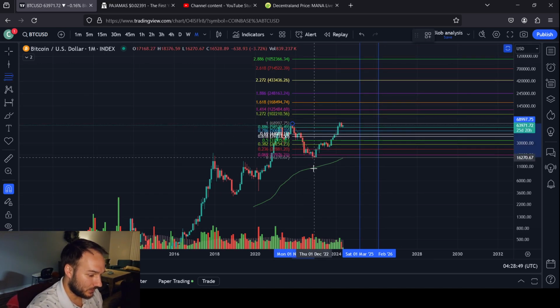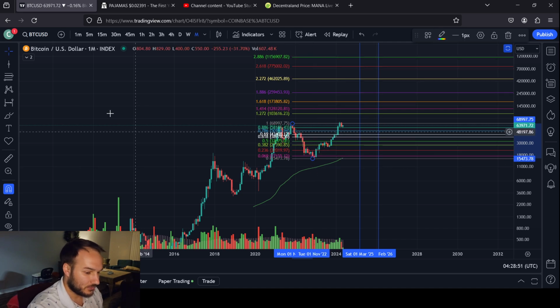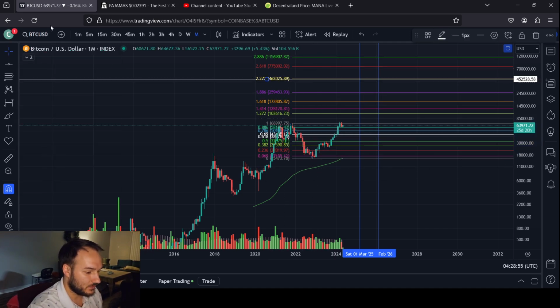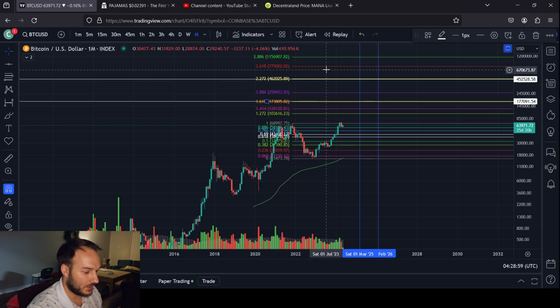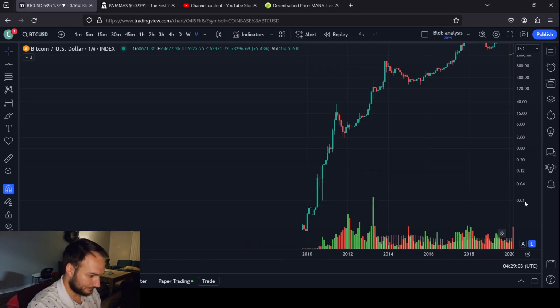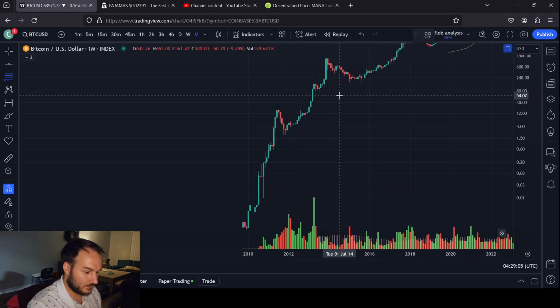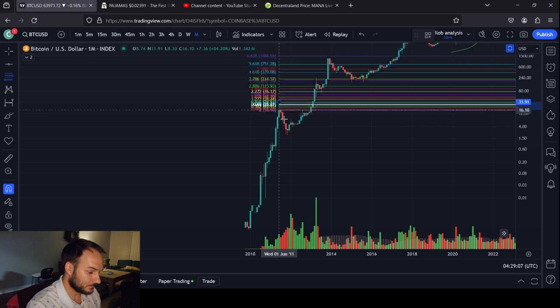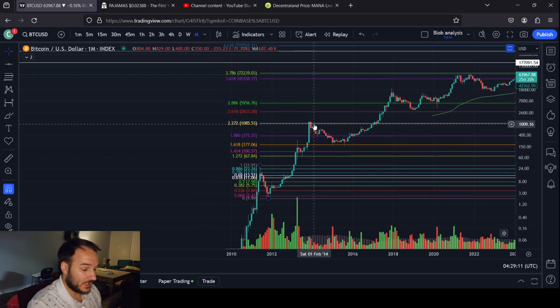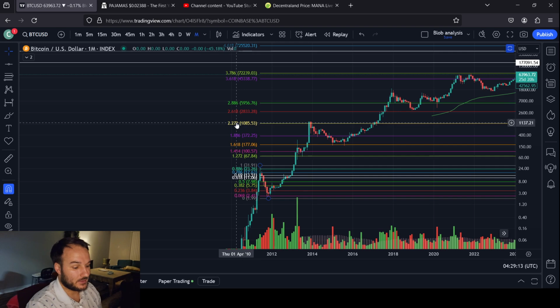High to low, cycle high to low here. I'm just going to put some lines up here at the 2272 and the 1618. Okay, and I'll come back as to why that is. So if we take the first cycle high to the first cycle low, our next all-time high came in at the 2272.